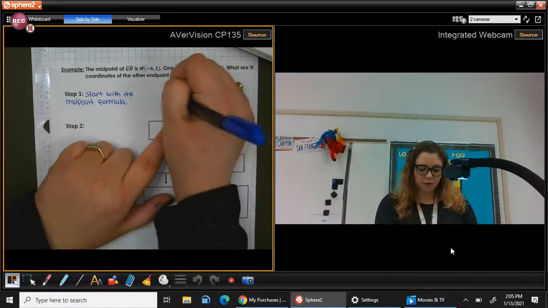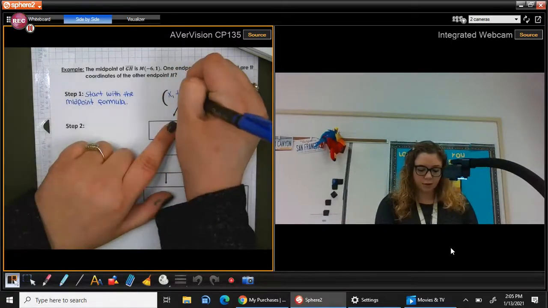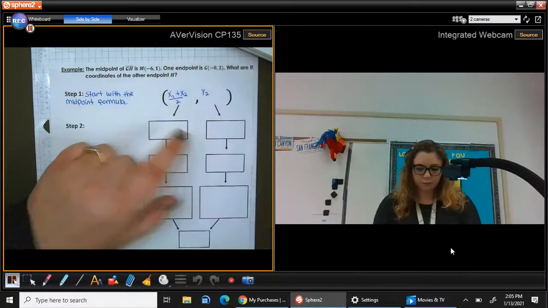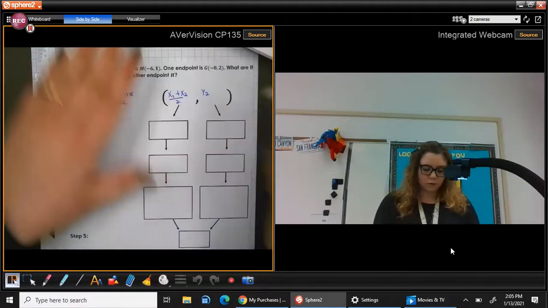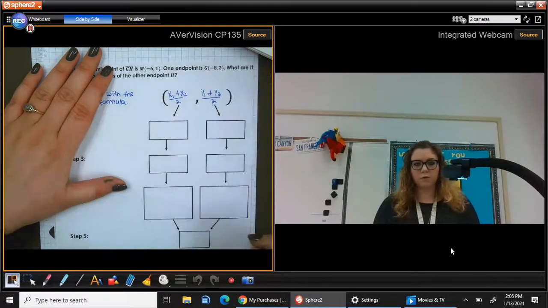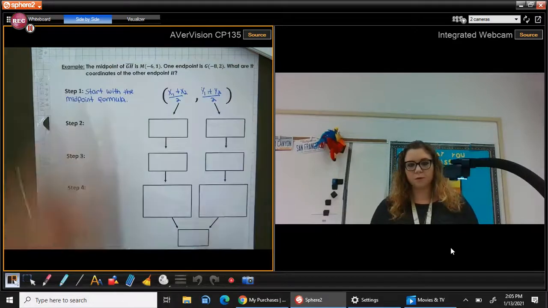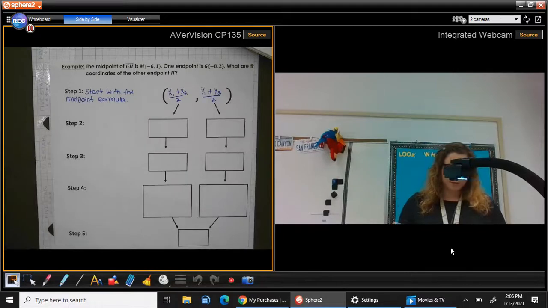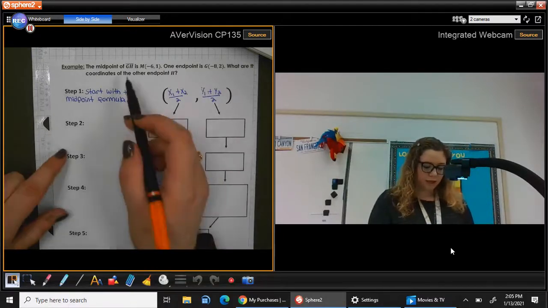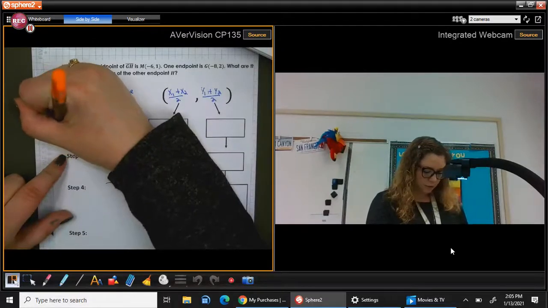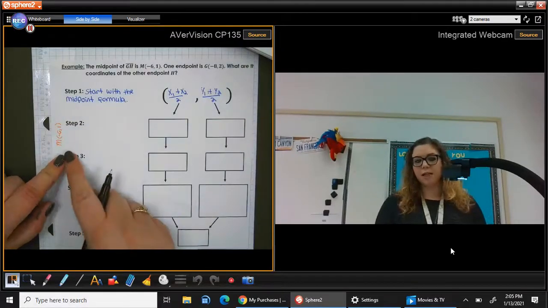I'm going to do (x1 plus x2) all over 2, (y1 plus y2) all over 2. It's kind of crooked, I apologize. Okay, the next step is you're going to use the midpoint that they gave you. So M (-6, 1). And I'm putting this on the side so we know.